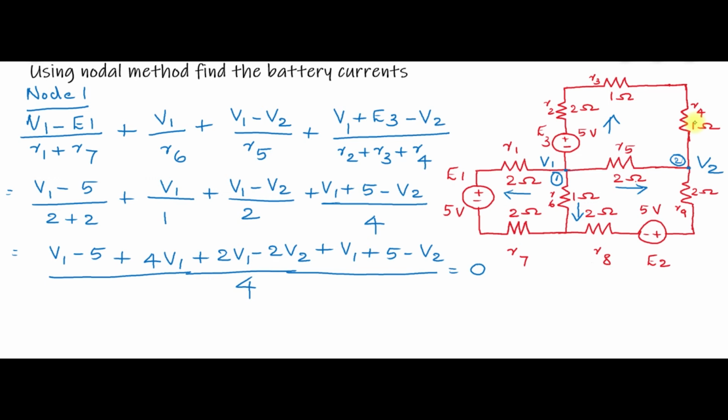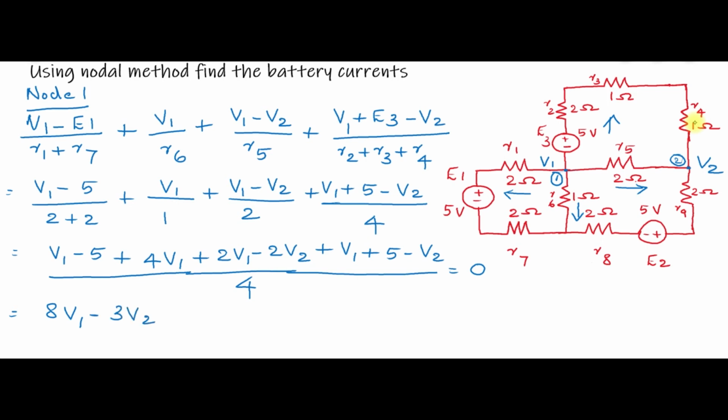The algebraic sum of currents meeting at a point or junction is equal to 0. KCL states that. Then calculating the values for V1: V1 plus 4V1 plus 2V1 plus V1 is 8V1. Then V2 is minus 3V2.